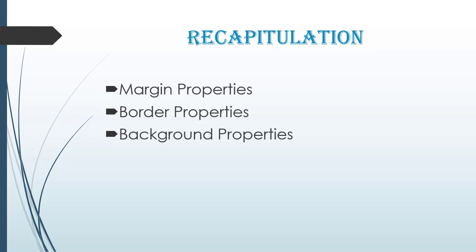You can give a background color in your HTML document. You can also specify an image as the background of your HTML program. You can fix your background position. You can also set your background attachment, and you can also use the background repeat property.